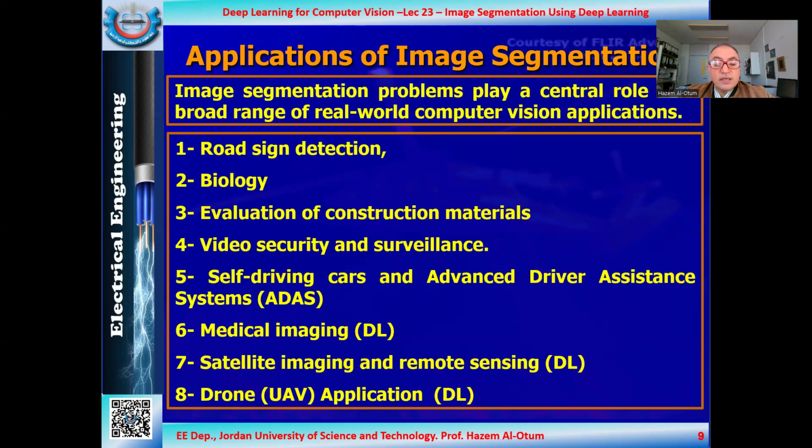For self-driving cars, advanced driver assistance, like in new versions of Tesla, and other self-driving cars these days. Medical imaging applications for diagnosis and decision making. Also, you can find applications in satellite imaging and remote sensing. So the list is very long, actually.